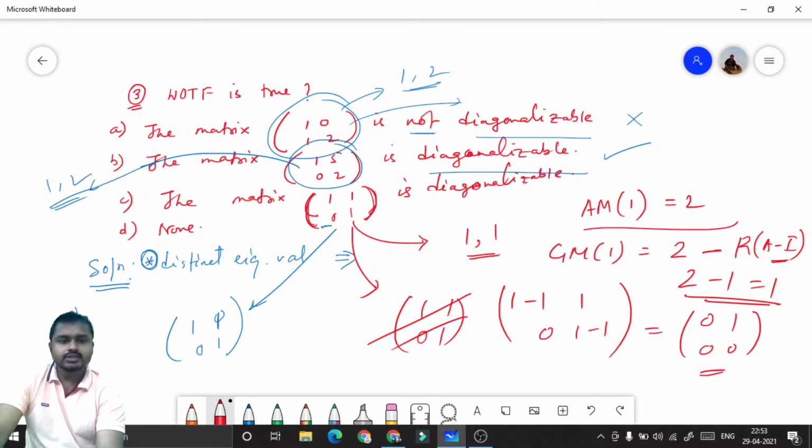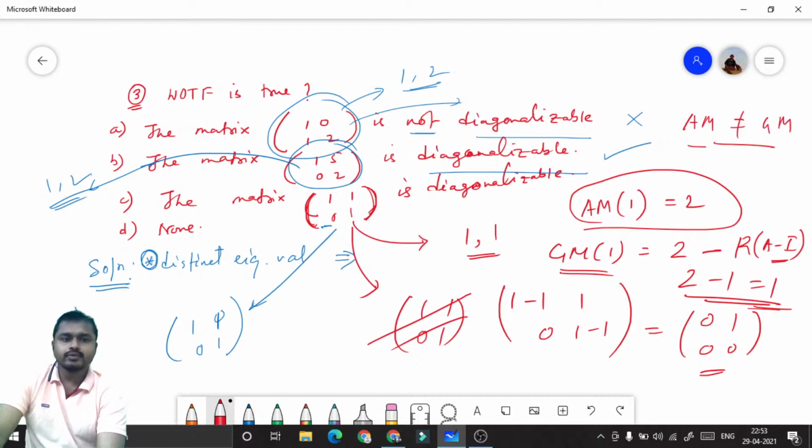So the algebraic multiplicity is 2, and the geometric multiplicity is 1. Thus you can conclude that AM is not equal to GM, which is a condition for diagonalizability. So this matrix is not diagonalizable, but they are claiming it is diagonalizable, so it is false.